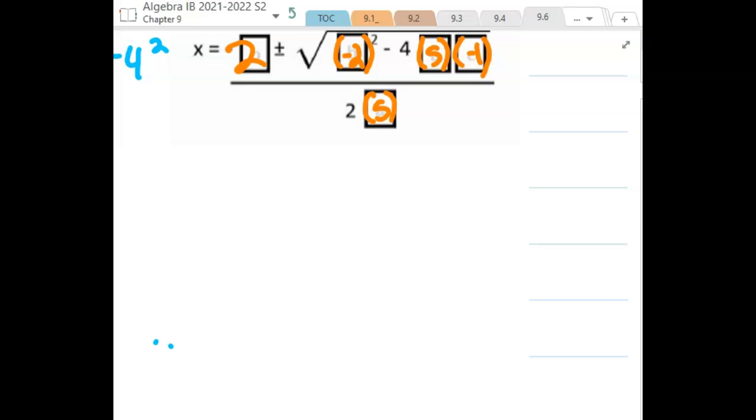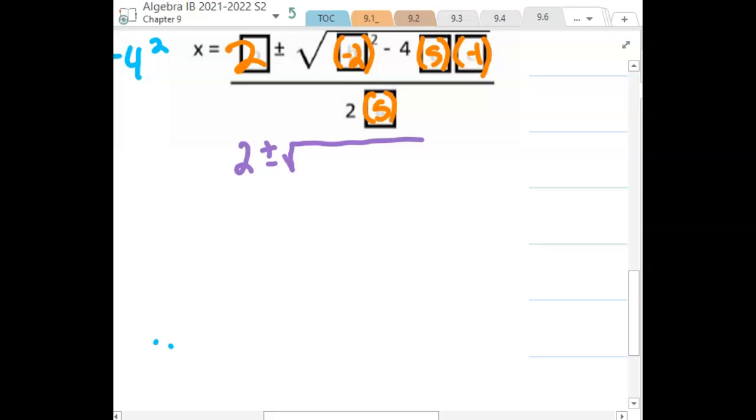Okay, first of all, do you guys have questions on how to plug the numbers into the formula? Okay. This is the most important step. If you can get by this one, usually we're in the clear. So we're just going to read the formula and simplify what we can. We already took the opposite of b, so we're going to leave that as 2 plus or minus the square root.